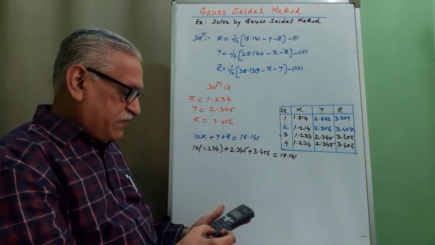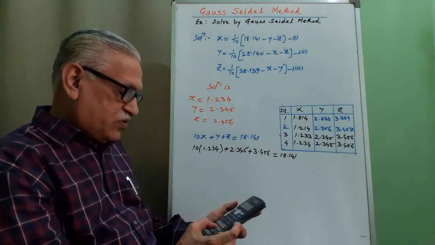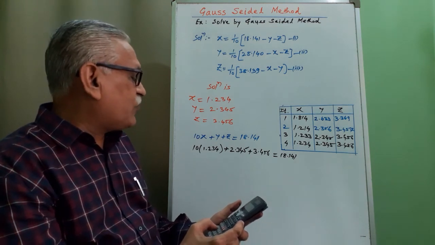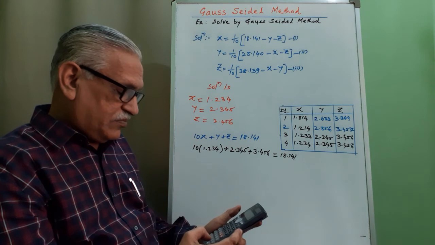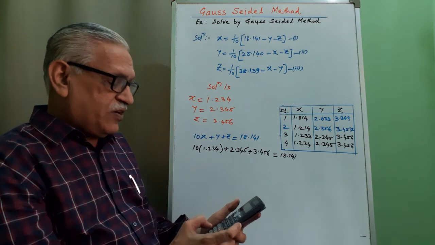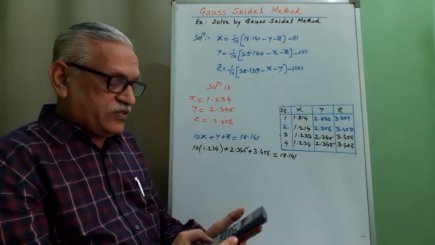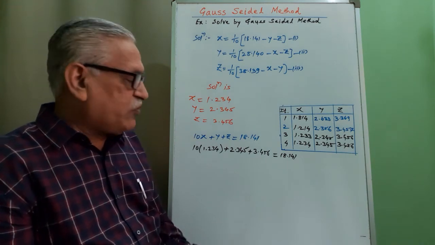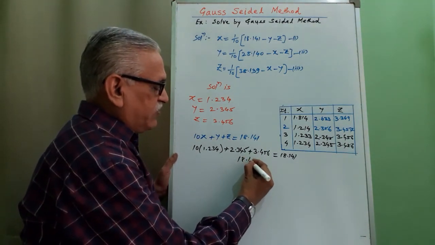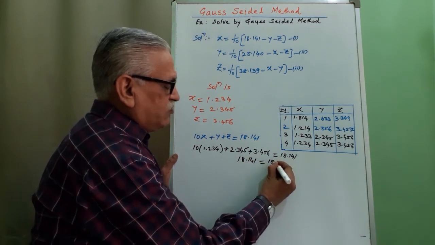Therefore, performing this left hand side, 1.234 into 10 plus 2.345 plus 3.456, we get 18.141, and that is equal to 18.141.